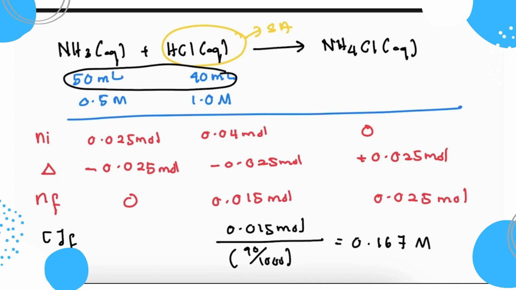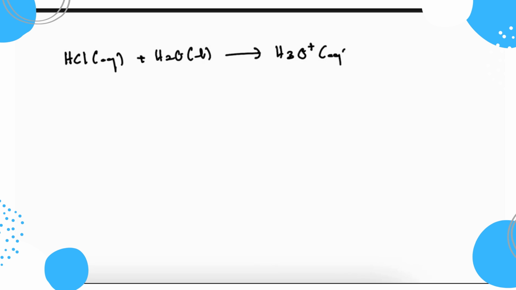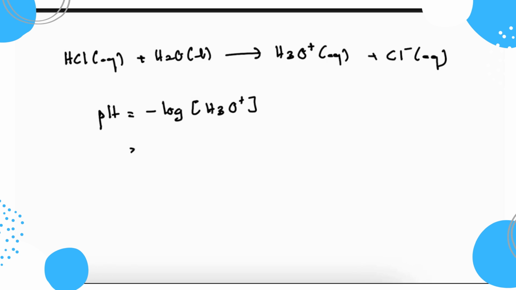So this is the molarity of hydrochloric acid. And then to calculate the pH, you can write the equation. The pH is equal to negative log H3O plus, which is negative log 0.167. So the answer is 0.78.